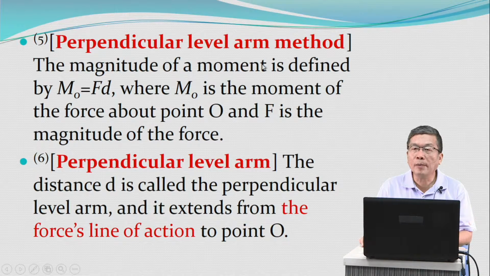Perpendicular lever arm method. The magnitude of a moment is defined by M sub O equals F times d, where M sub O is the moment of the force about the point O, and F is the magnitude of the force.